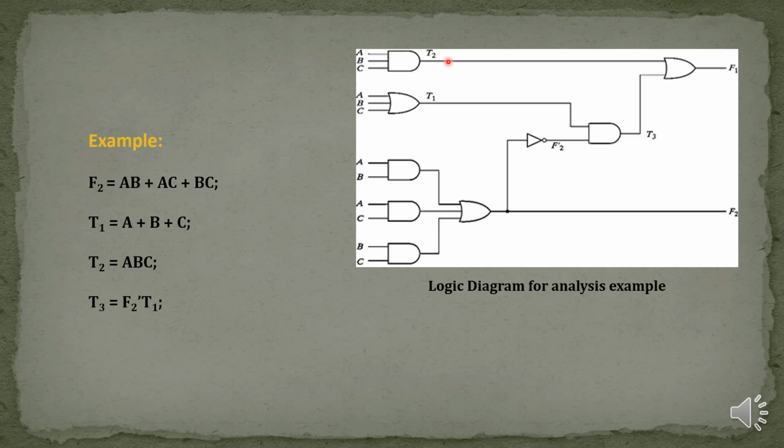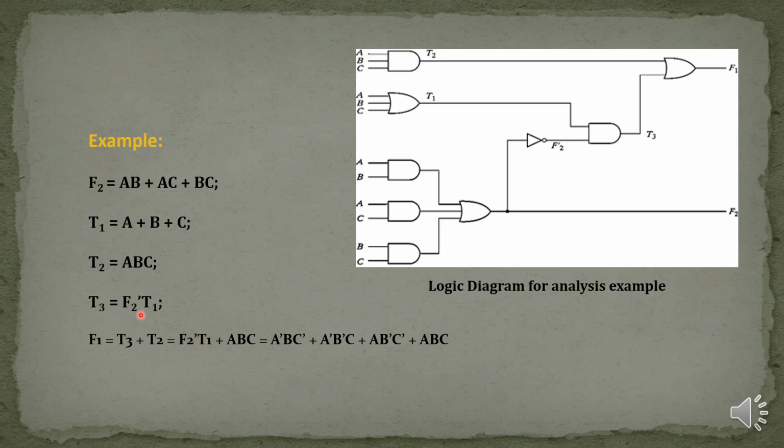Next output we get is T3 at the fourth AND gate, that is F2 dash into T1, where F2 dash comes from here and T1 comes from here. Finally, we get the F1 output with the combination of T3 and T2.